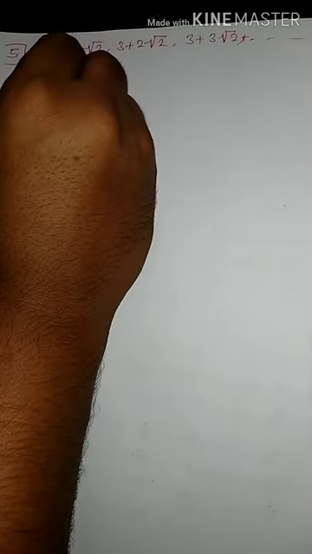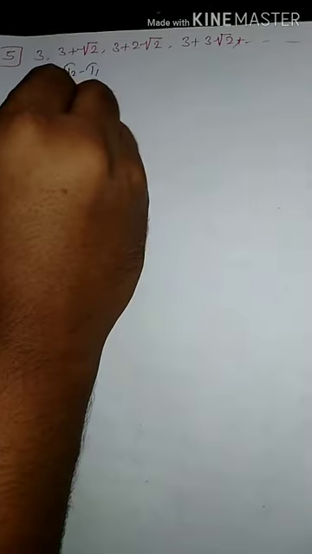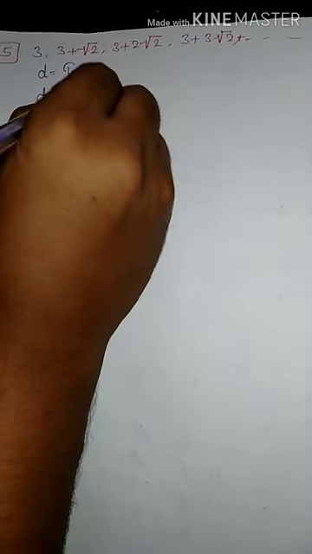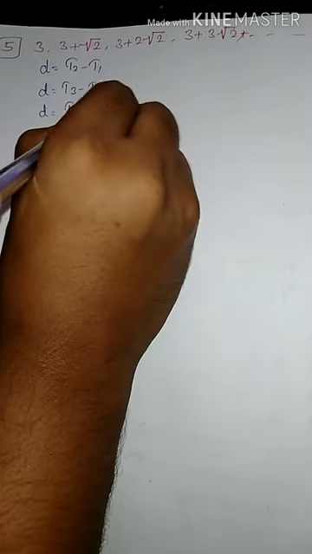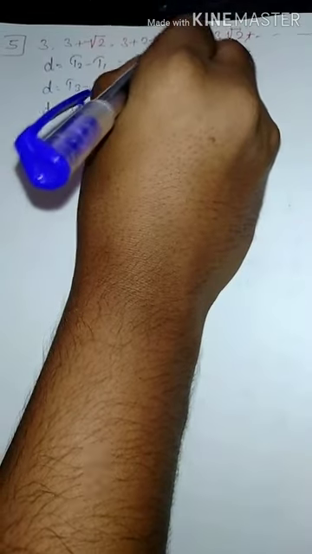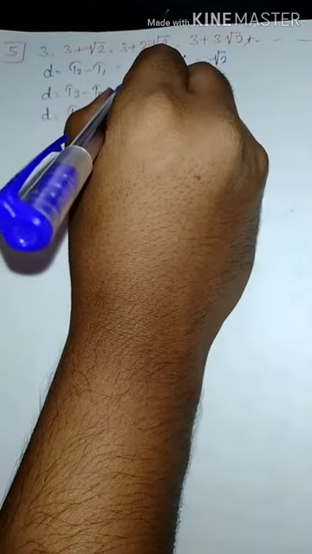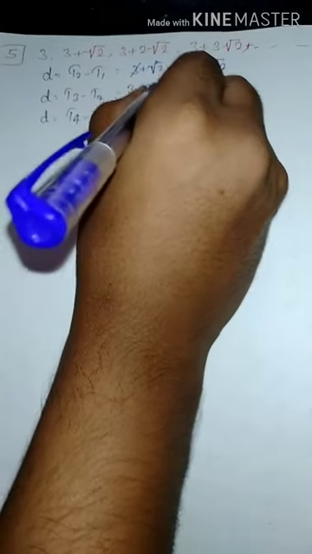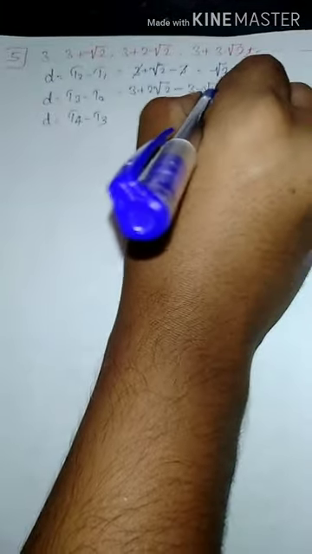So here the common difference D is equal to T2 minus T1, D is equal to T3 minus T2, D is equal to T4 minus T3. First, T2 minus T1: 3 plus root 2 minus 3. The plus 3 and minus 3 get cancelled, the remaining term is root 2. T3 is 3 plus 2 root 2 minus T2, which is minus 3 minus root 2.